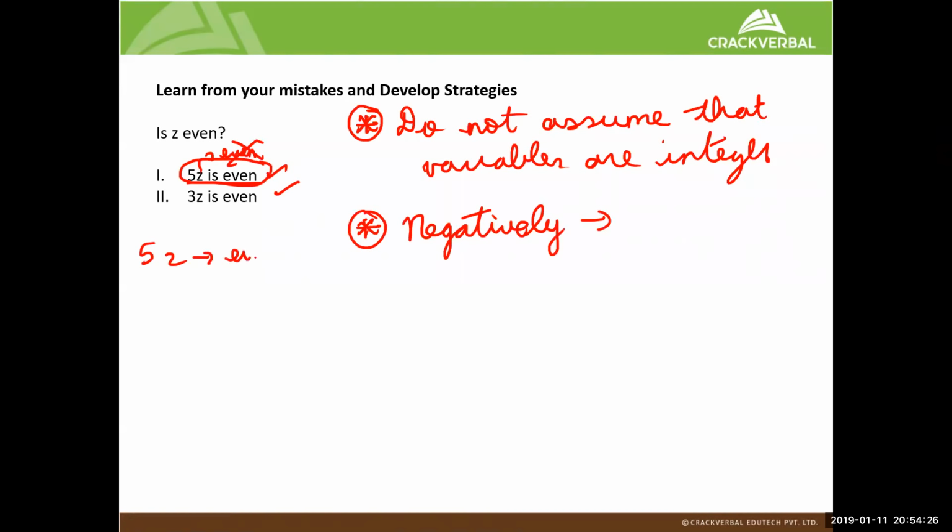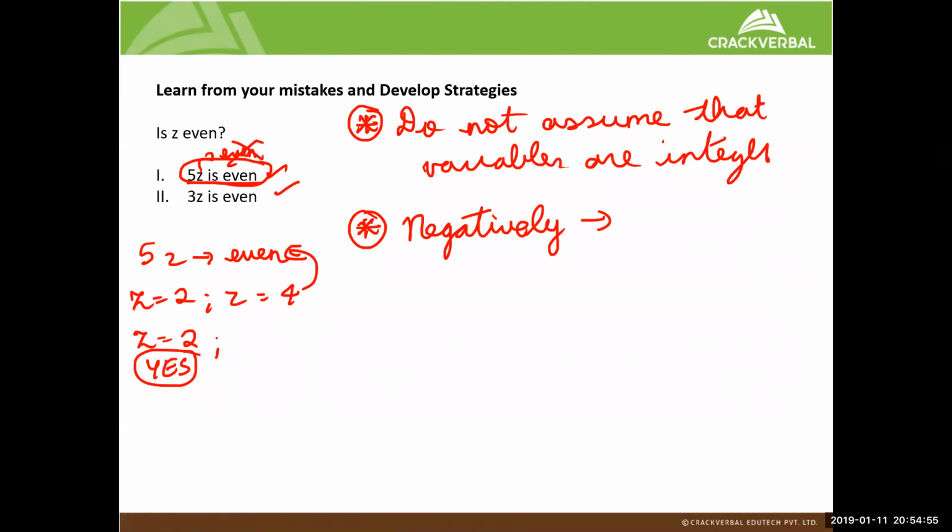So when you said 5z is even, I'm not going to put values of z which satisfy the statement, but values of z which disprove the statement, not prove it. For example, you put z is 2, z is 4, z is 6, and so on. I would look at z is equal to 2. This gives me a yes to the main question. Now I've already got a yes, so I would try to contradict this and try to get a no.